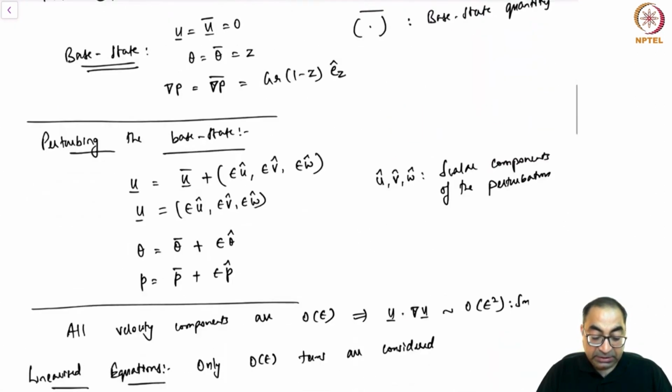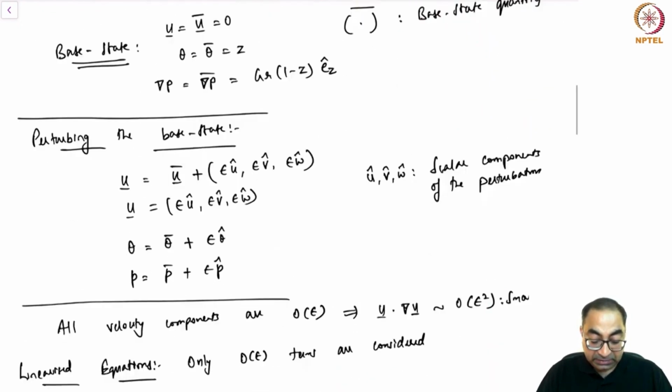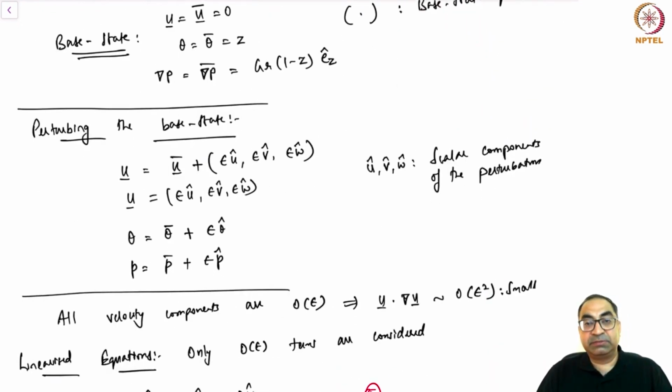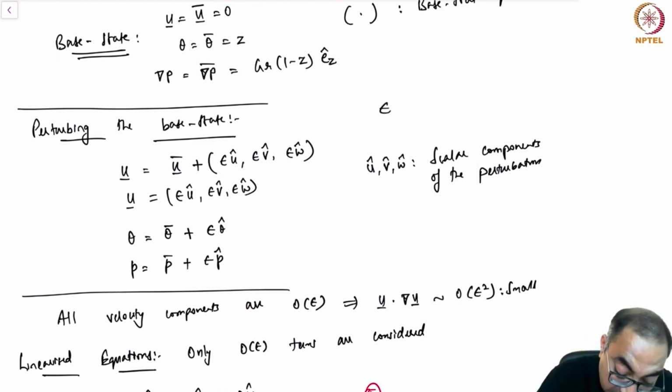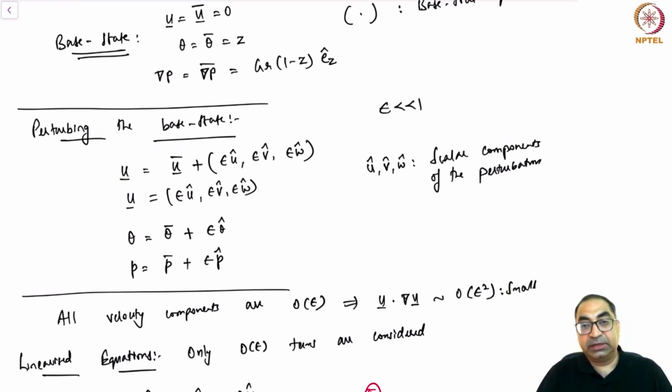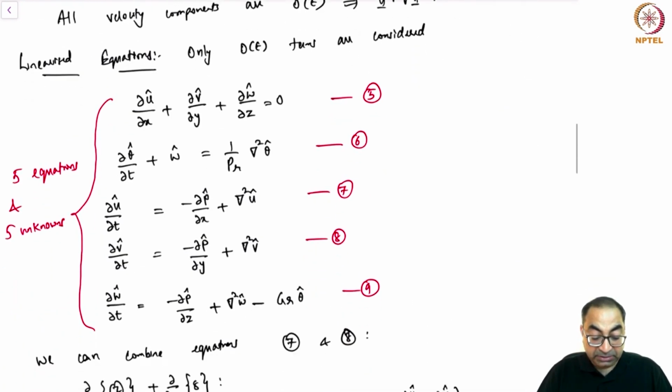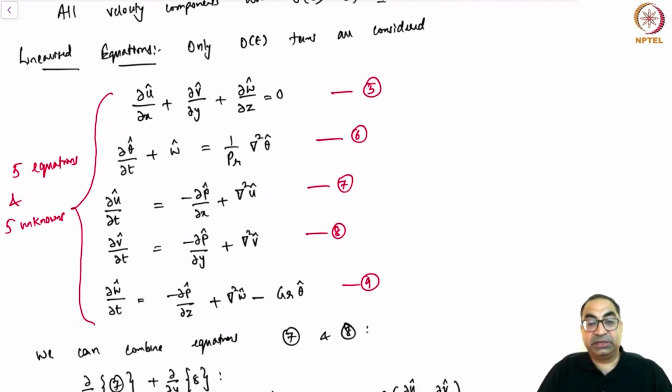And we then perturbed the base state, and simple linearized perturbations were considered. Now epsilon here is a small parameter. I forgot to mention that. Epsilon is an arbitrary small parameter. And it does not matter what exactly is physically the epsilon. Epsilon is just telling us that the amplitude of perturbations are small. It's an amplitude parameter.